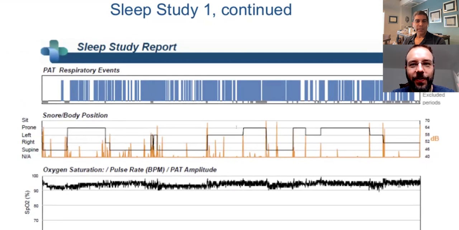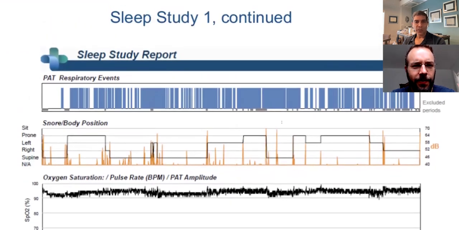So on the next page, there's a few hypnograms, so to speak, right? The first one is the PAT respiratory events. This is peripheral arterial tonometry respiratory events. With a WatchPAT, it's just something on your finger, your wrist, and something on your neck. That's it. And there is nothing on your chest. There's no belts, so to speak, right?